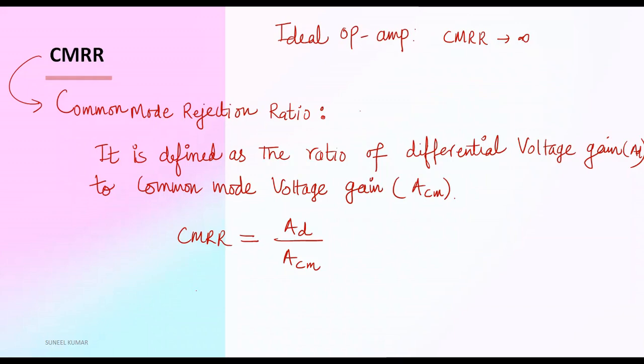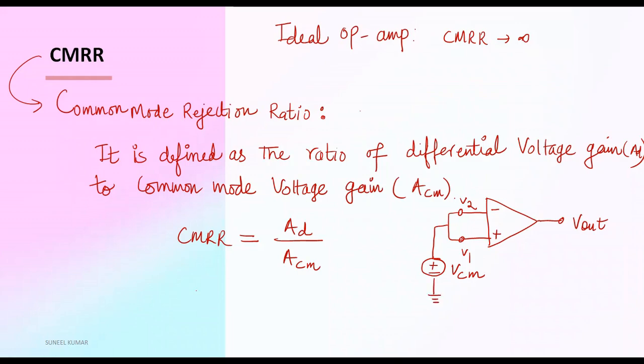For getting ACM, what we have to do: this is the operational amplifier and we are getting output from this pin number 6. We have two inputs, inverting and non-inverting. This is V1, this is V2. For calculating common mode gain, we will connect these two terminals and provide a common voltage, written as VCM.